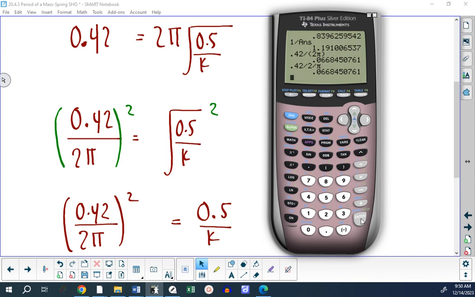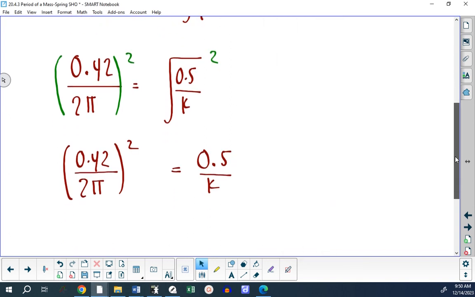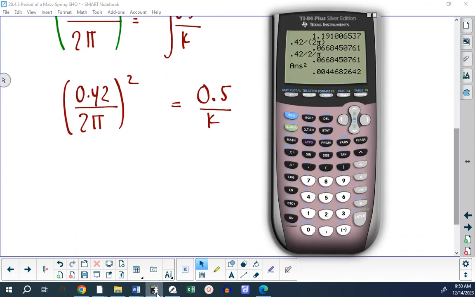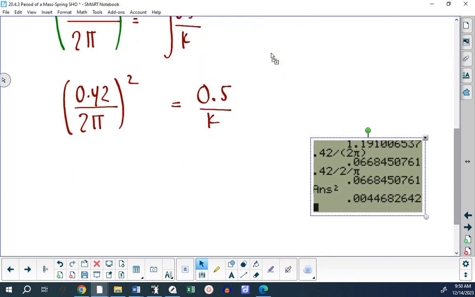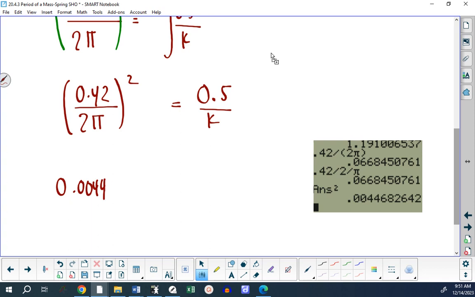Now I want to square that number. So what we are getting is this number, 0.004468. Don't worry about the units here. We've had our daily discussion of units. We're done with units for the day. This is equal to 0.5 over k.